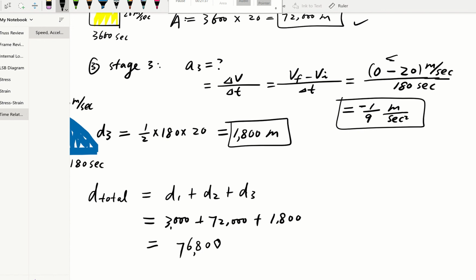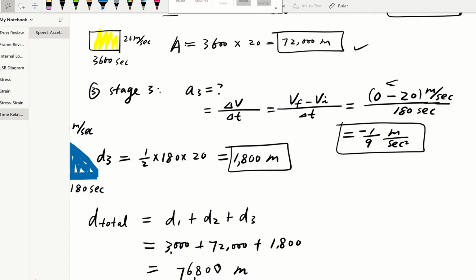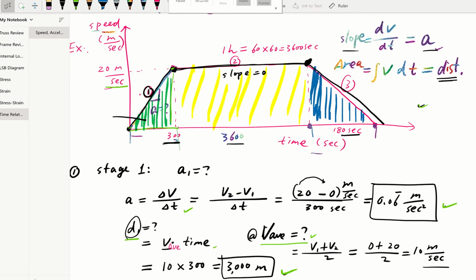Is that right? Okay. So yeah, that's going to be our final total distance this car has traveled: 76,800 meters. Then remember, we mentioned the distance it traveled is basically the area underneath this entire curve.